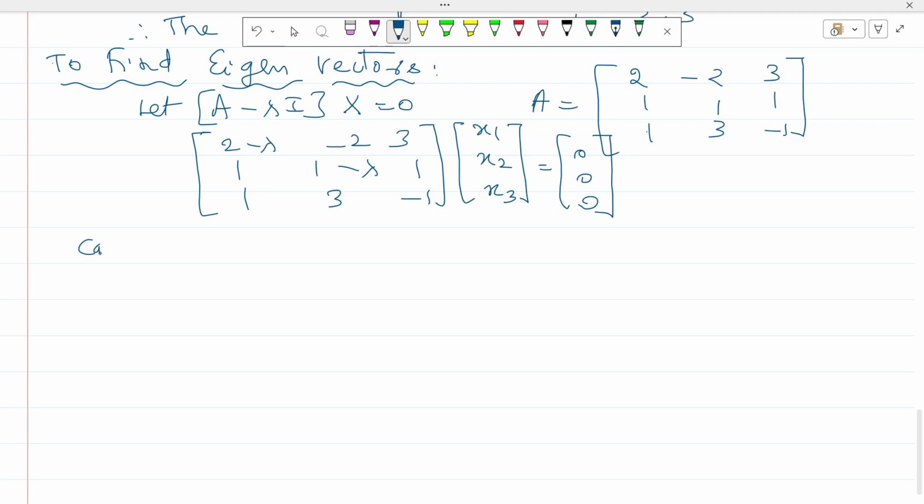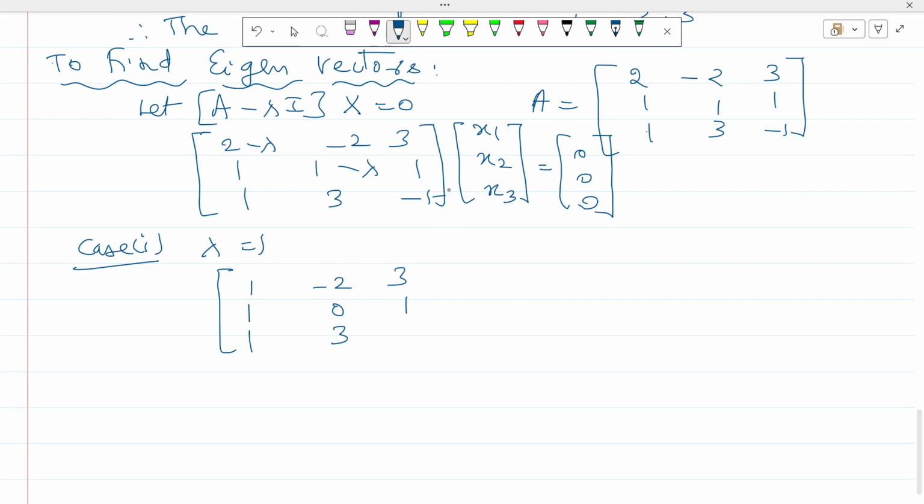So here, case 1: lambda equal to 1. Substituting lambda equal to 1 here, we will get 1, minus 2, 3, 1, 0, 1, and the last one is 1, 3.